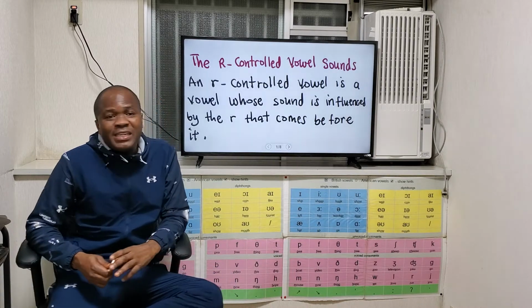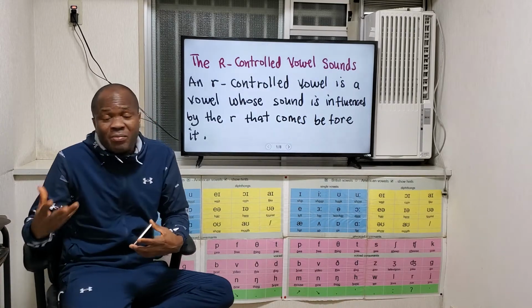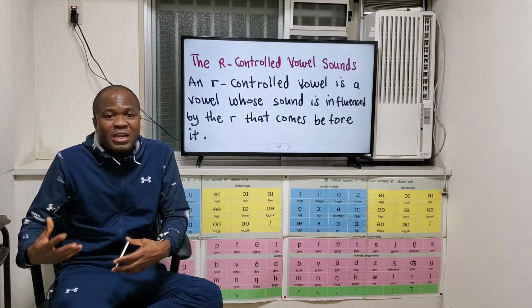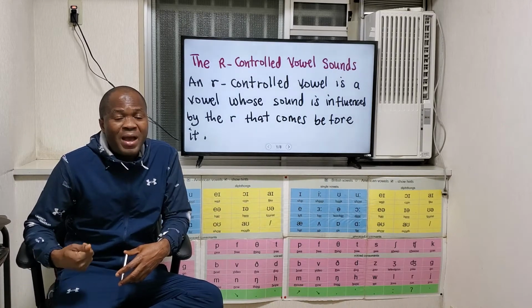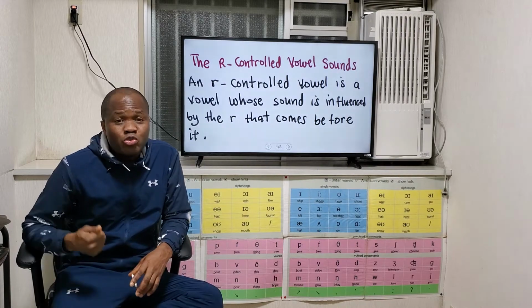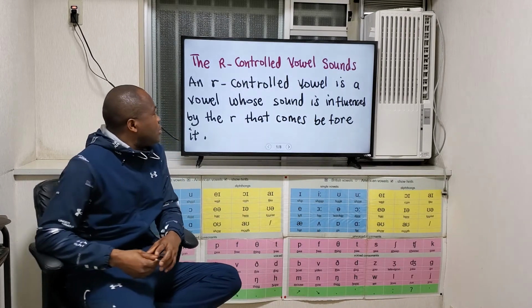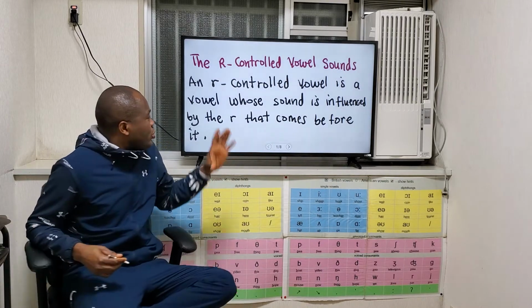So there are some group of vowels that are always controlled, directed by R. They are being influenced by R. They are being controlled by R. So they cannot do anything by themselves. Always they are being controlled by R. So this is what we're going to look at today.